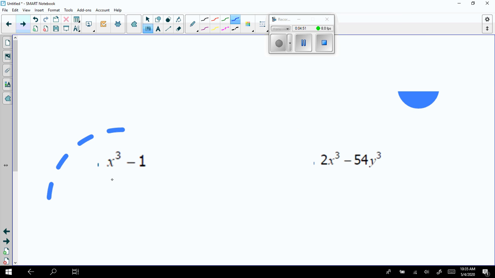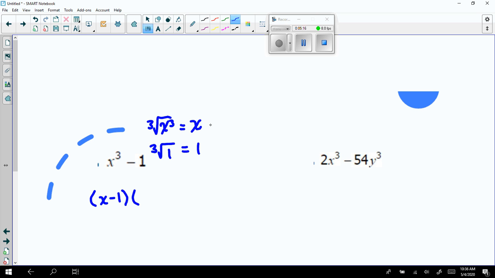So this one's very simple. The cube root of x cubed is just x, and the cube root of 1 is just 1. The thing to always remember is to follow the pattern. So since this is a minus, this is going to be x minus 1.